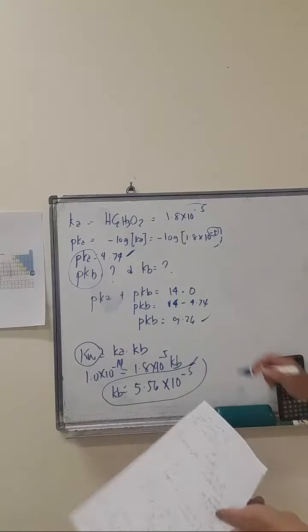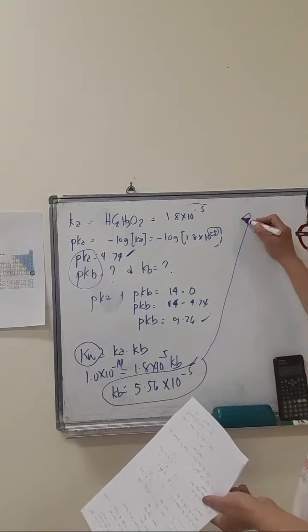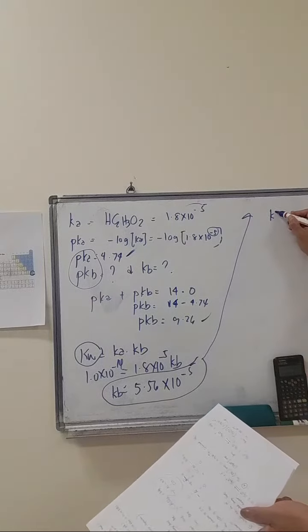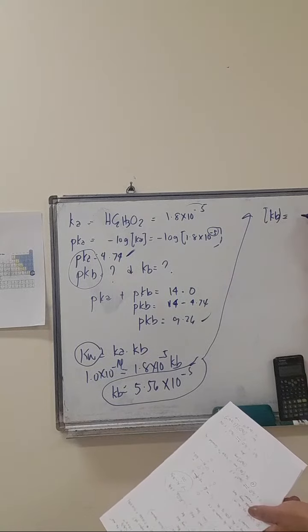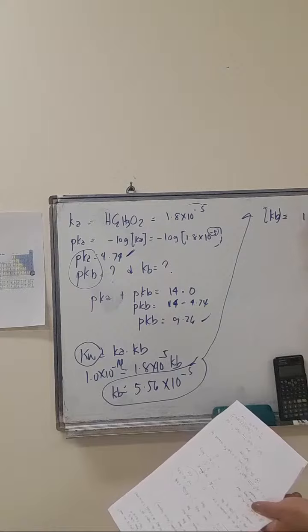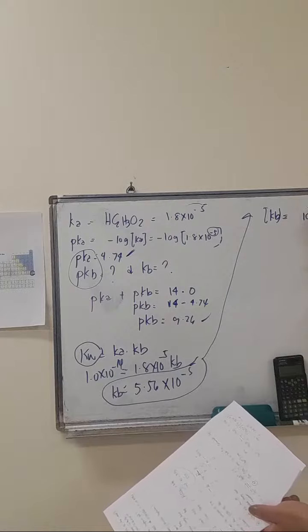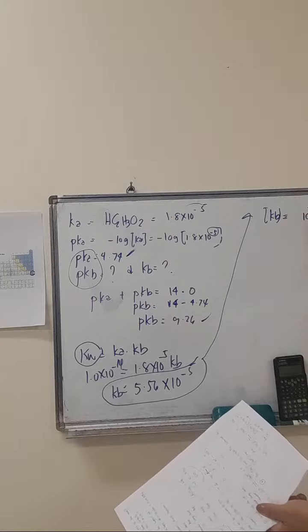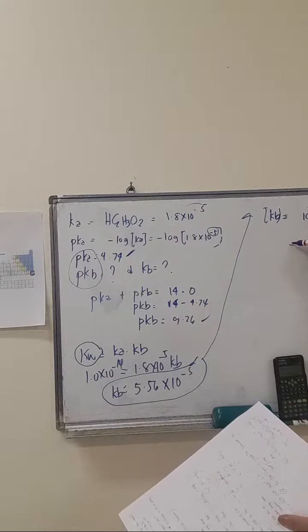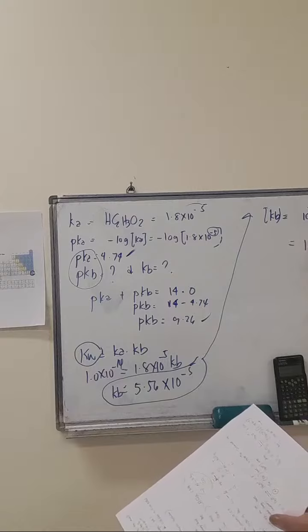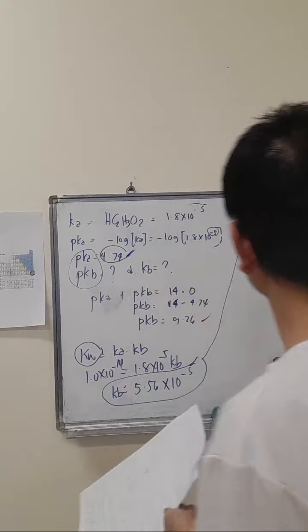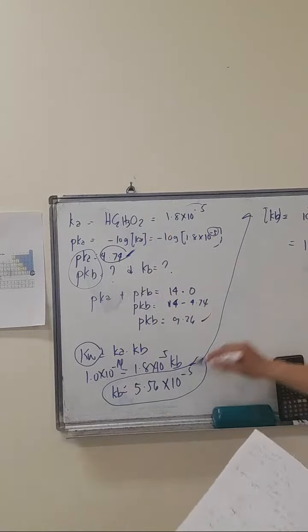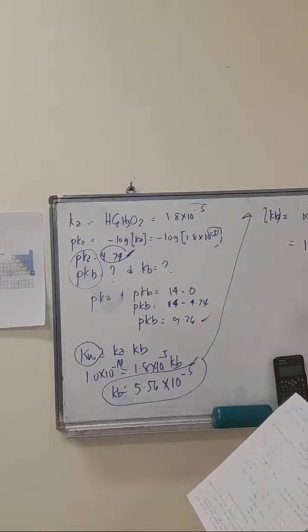How can we compute Kb in another way? Kb is equal to 10 to the negative of the pKb. We got the pKa as 4.74, and it's expected to be the same as this answer, if not, we will be wrong.